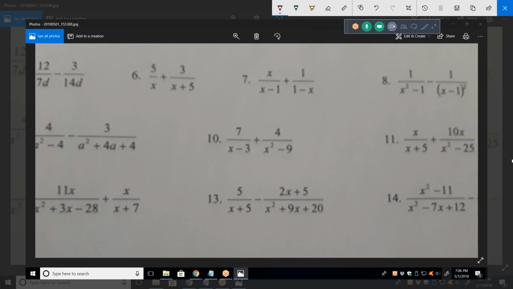Let's look at 8. 8 looks kind of interesting. Well, let's do it the normal way. What's the common denominator going to be on 8?